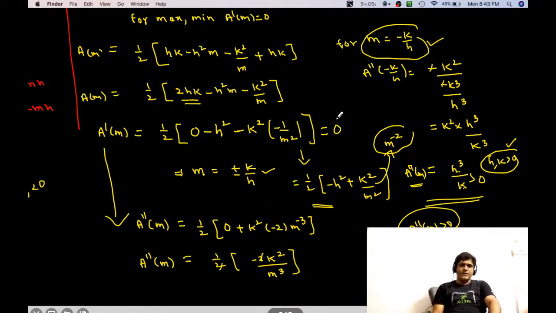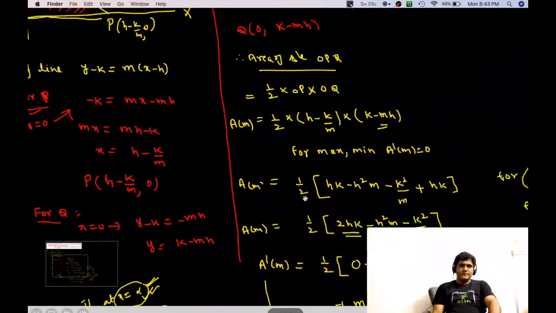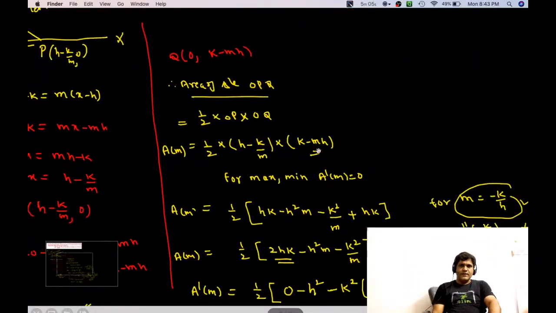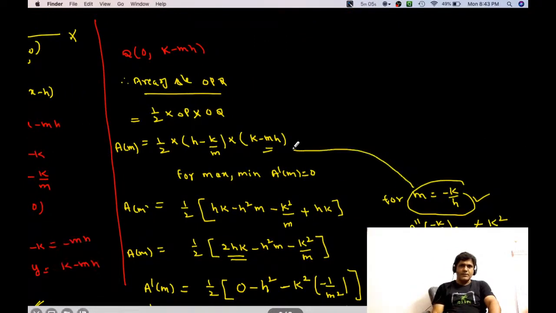Therefore what is the area? Put m equal to minus k by h in the area function, and you will get the minimum area. What is the area function? This is the area function. If you substitute m equal to minus k by h in this area function, you will get the minimum area.